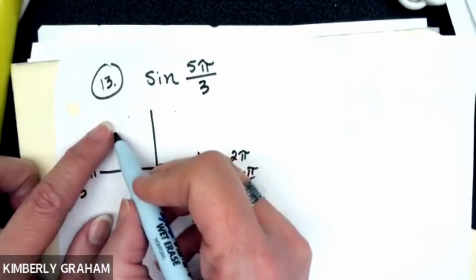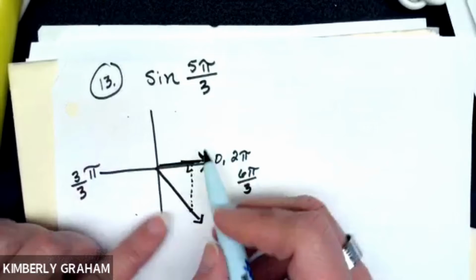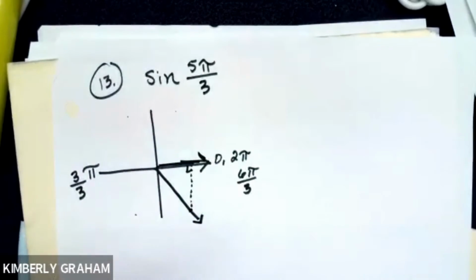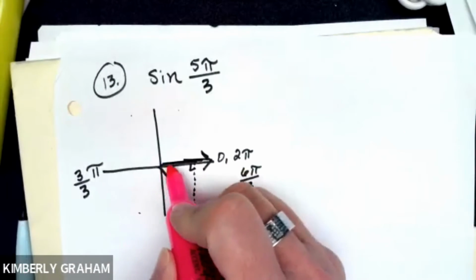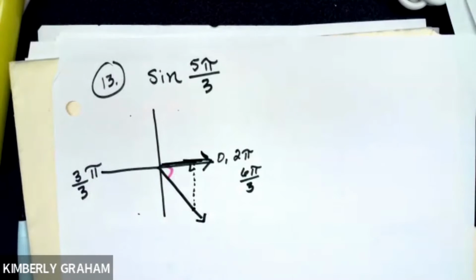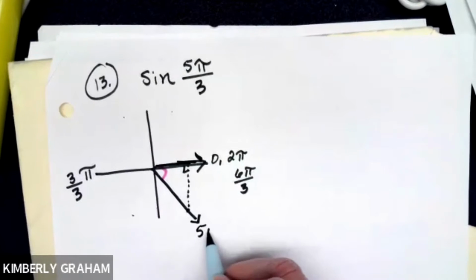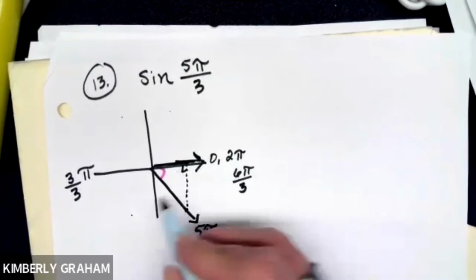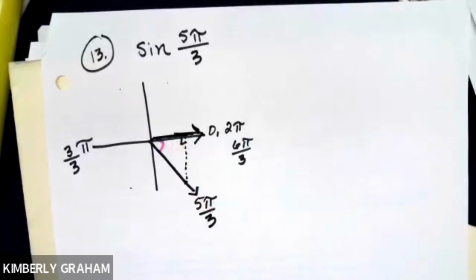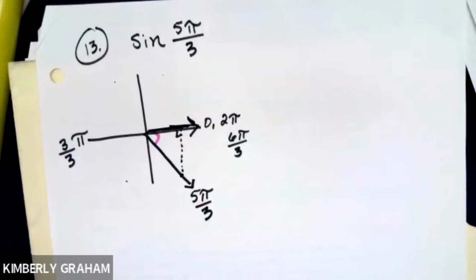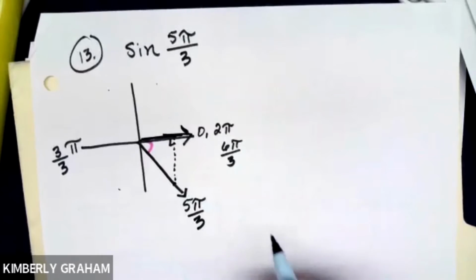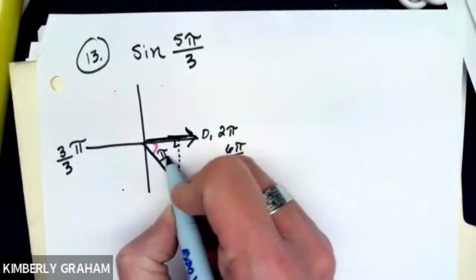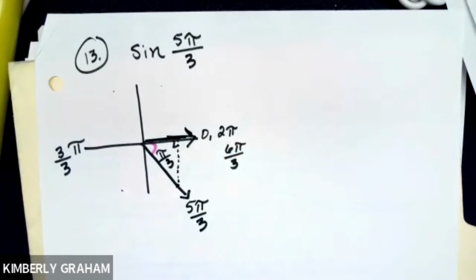If you're over here, you would be going down. So what is this angle in here that I've got marked as pink? What's the measure of that angle? If this is 5 pi over 3, all the way around 6 pi over 3, what's that pink angle? Pi over 3. Okay. Anybody have any questions on how I've got that angle?